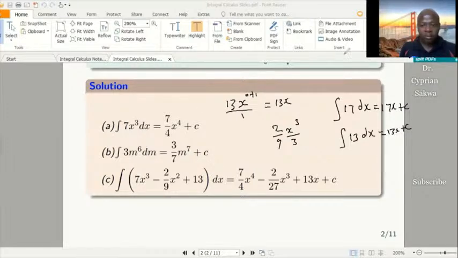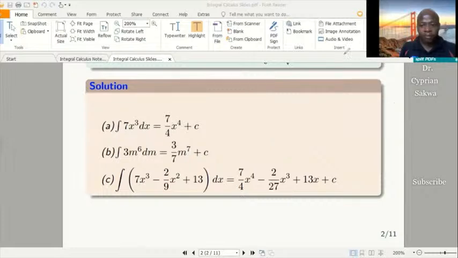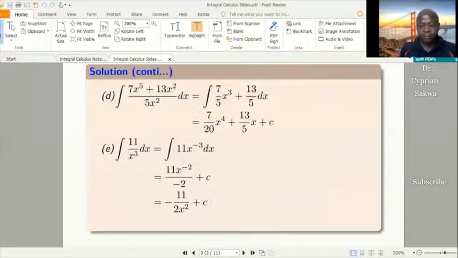And let's look at part D of the examples. Now, for part D, I can see that this is a division. So the first thing I'll do is to divide through first before I integrate. So what I have is 7 x raised to 5 divided by 5x squared, plus 13 x squared divided by 5x squared, dx.